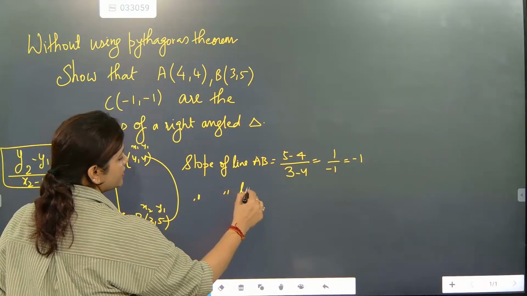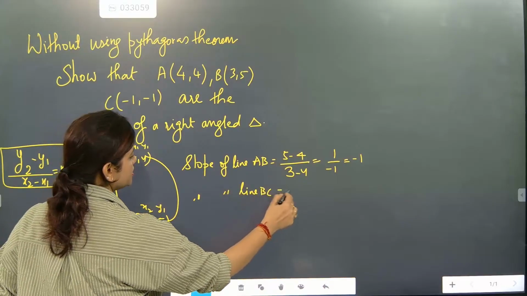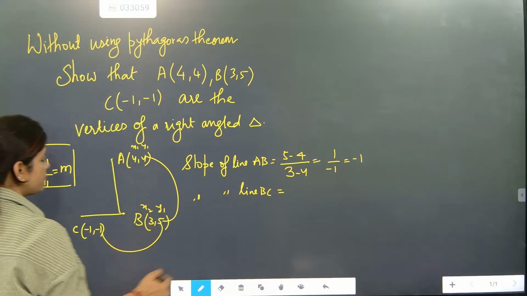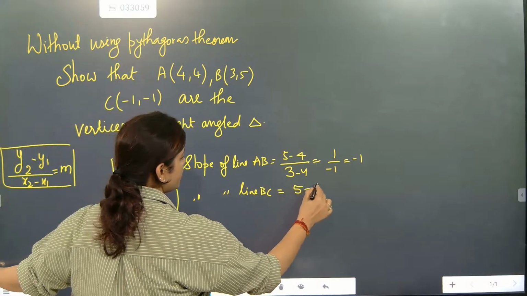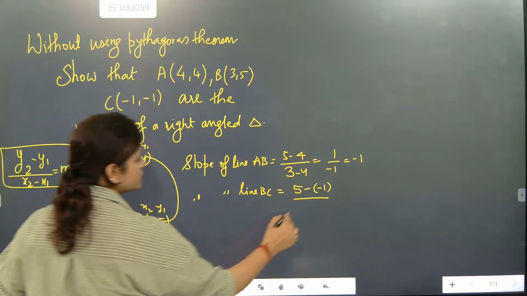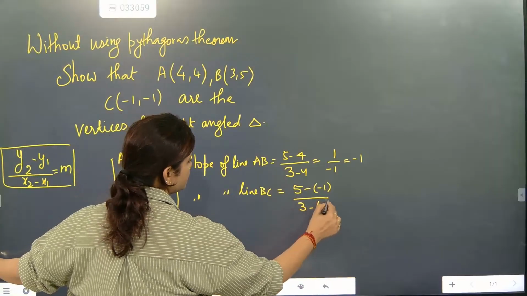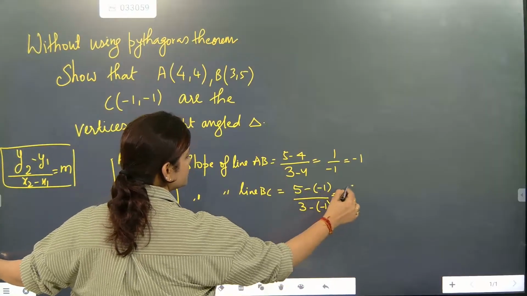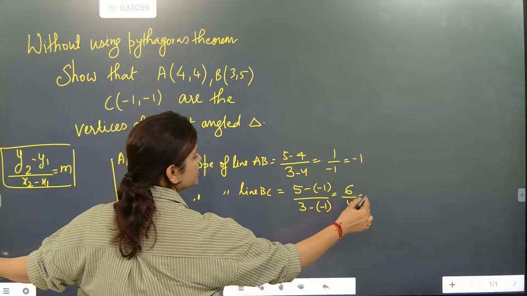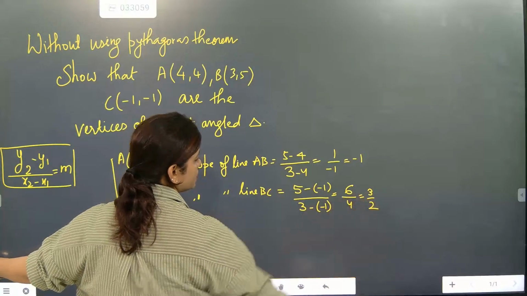Slope of line BC is (5 minus of minus 1) by (3 minus of minus 1). So 5 plus 1 is 6, and 3 plus 1 is 4. So it is coming as 3 by 2.